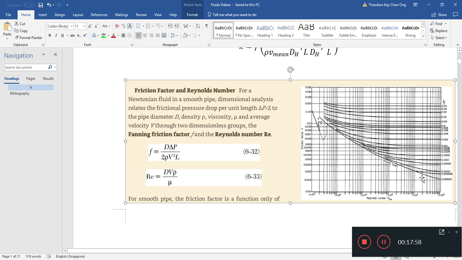Then you see all these curves for different values. So we see there are two regimes. In one regime, the number on the right hand side doesn't matter, and in the regime to the right, these numbers start to matter. So what are these two regimes called? The left side is called the laminar regime, and the right side is called the turbulent regime.